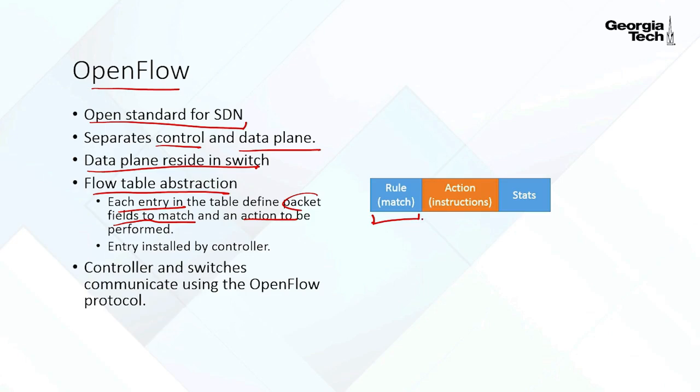And then we define what we are going to be doing with those packets, deciding what actions we're going to have for those rules. Each of the entries is going to be installed on the switches by the controller. So the controllers and switches communicate using the OpenFlow protocol.